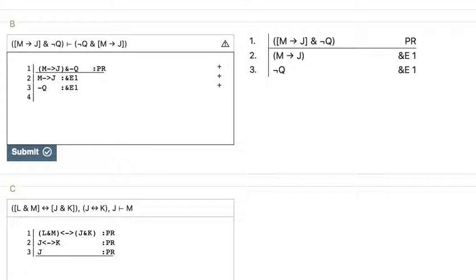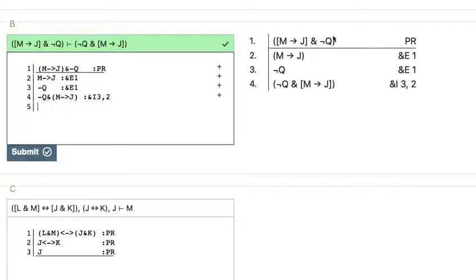And we can put together the conjunction we want using AND introduction. So this is 3 and 2. And there it is. Carnap recognizes that we've got the complete proof, gives us a green and a check.